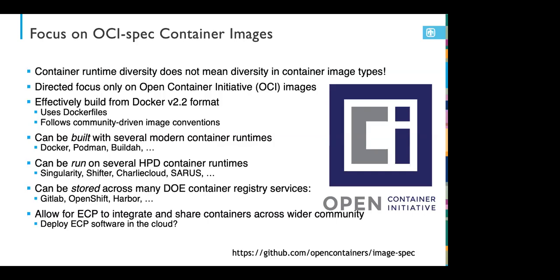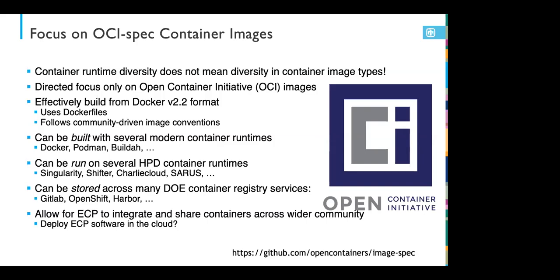What's important here is I can build these container images using several modern container runtimes, obviously Docker, but also Podman, Buildah, and CRI-O. There's another one every day, right? And I can also run these on not HPC, but HPC container runtimes: Singularity, Shifter, Charliecloud, Sarus, Inception, just another container runtime. They generally will support OCI-based images.